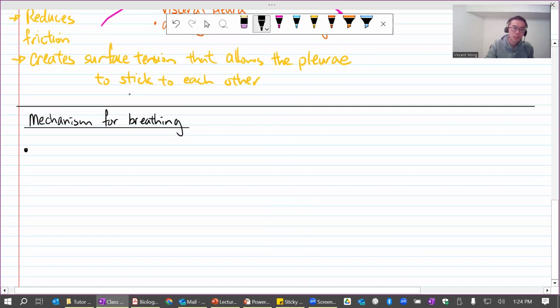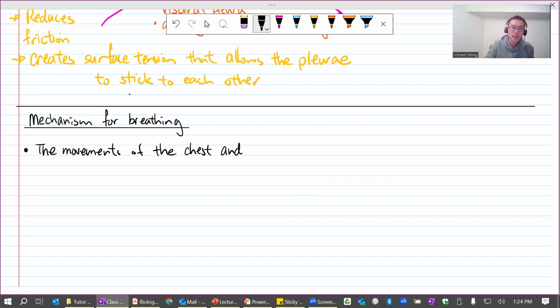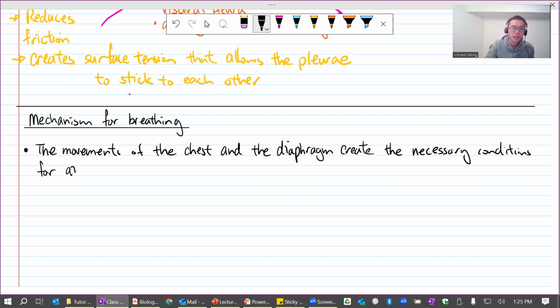The movement of the chest and the diaphragm create the necessary conditions for air to move into or out of the lungs. Now let me explain how that happens.